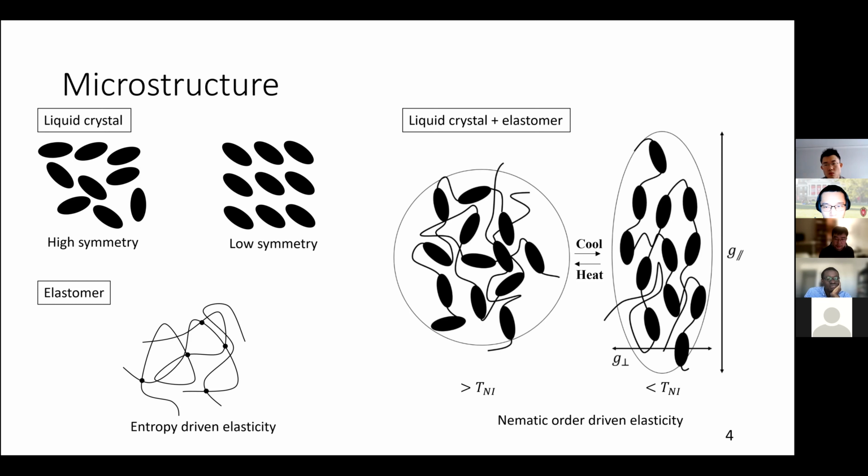And because they are cross-linked with the long-chain polymer, this ordering effect gives rise to a microscopic extension along the aligned direction. If we further pattern which direction it aligns, it will give rise to a lot of complex behaviors.